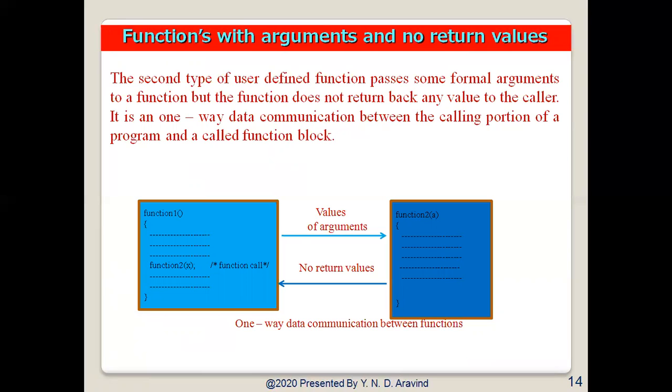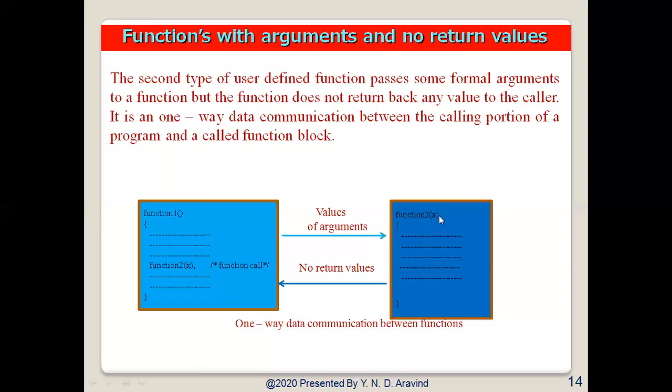So here, if you can see, function 1 is the calling function. It is calling function 2. While it is calling function 2, it has one variable as an argument. This is called an actual parameter. Since it is calling with arguments, it will send that x value into this particular a.